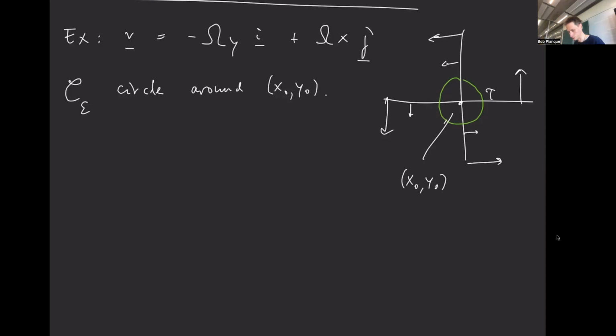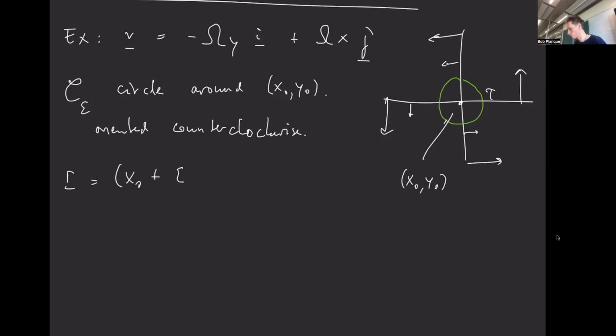And I'm going to orient it counterclockwise. The reason is that it is easiest to think about in terms of the parametrization, because a standard circle that I parameterize with cosines and sines goes counterclockwise.